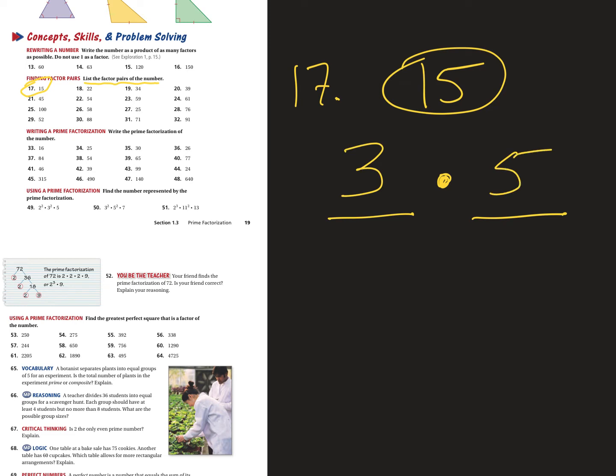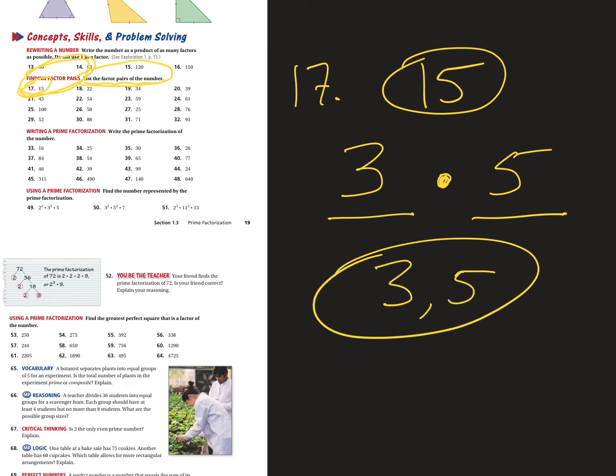3 and 5. Okay, and what we want to do is stay away from the number 1, because any number times 1 will give you that product. So when we're talking about factor pairs, we're talking about numbers other than 1. Listing the factor pairs would just be 3 and 5, and that would be our answer.